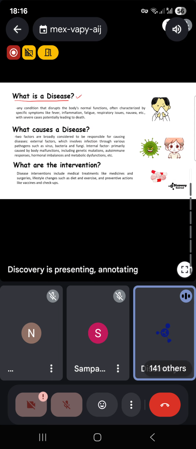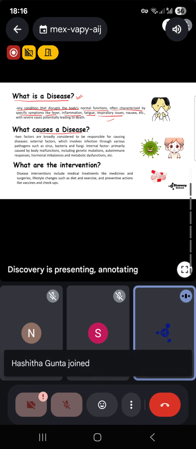So let's see what a disease is, right? Any condition that disrupts the body's normal functions, which often is characterized by specific symptoms like fever, inflammation, fatigue, respiratory issues, etc. Right? So what causes a disease? There can be two factors.